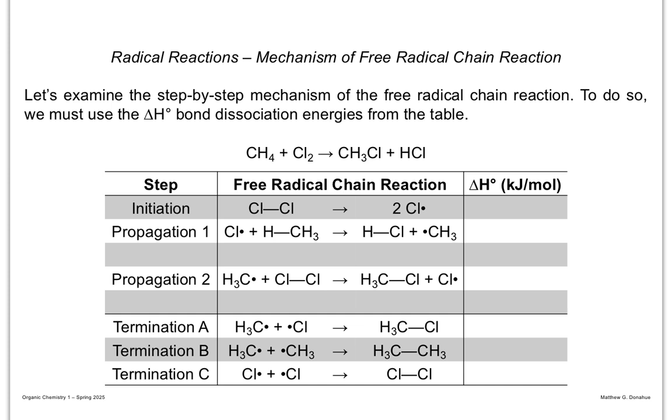So on this slide, all I've done is I've taken those different types of steps, so initiation, propagation, and termination, and written them in a table format. And then the last column, all I'm going to do is look at the bond dissociation energy tables, and we'll fill in some numbers.